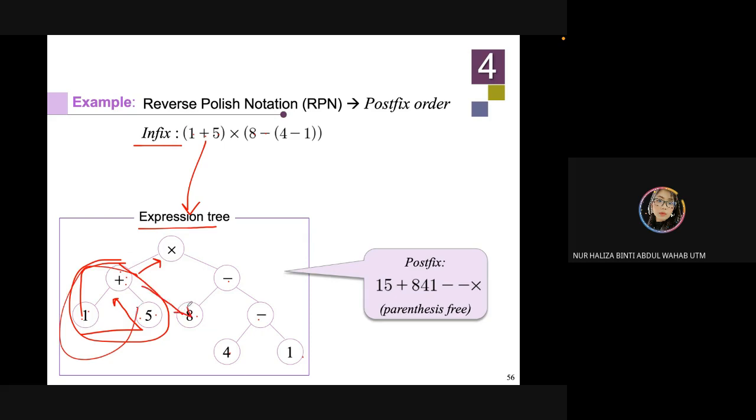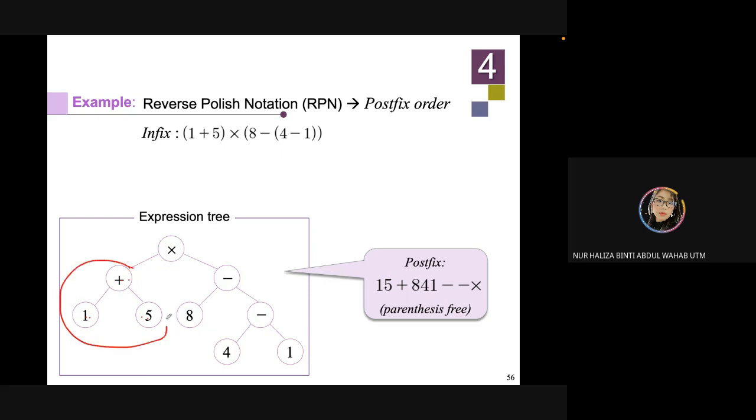So from here, 1, 5, plus. This is left, right, parents, and this will be our left now. We're going to go to the right, left, right, and then until we finish our right there. And we have parents. Left, right, parents. This will be our left, this will be our right, and then parents.